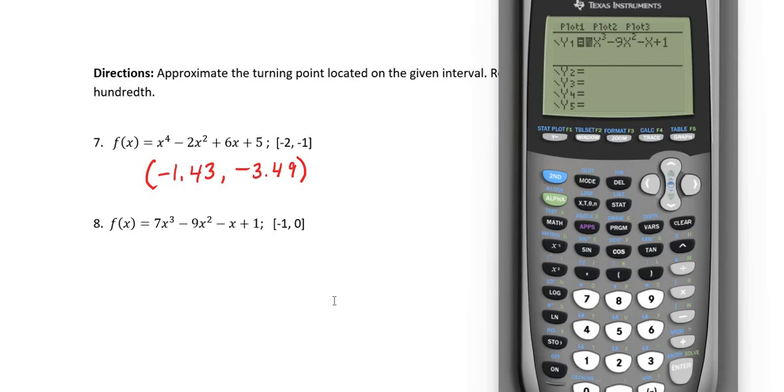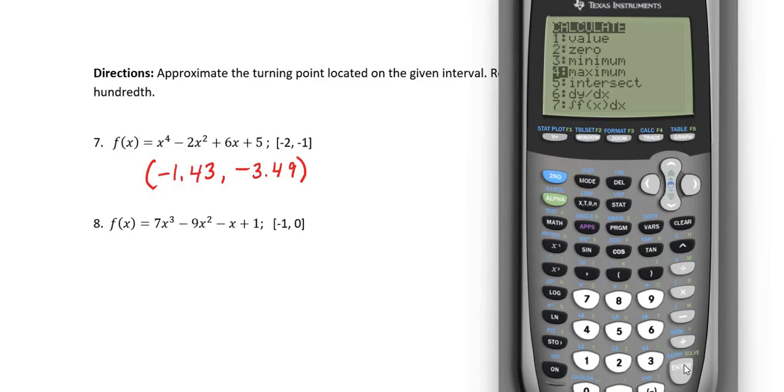For problem 8, I've entered my equation into my calculator, and I've set my window so that I can see my graph easily. And the turning point that's in between -1 and 0 is a maximum value. So second trace, and I'm going to select option 4.